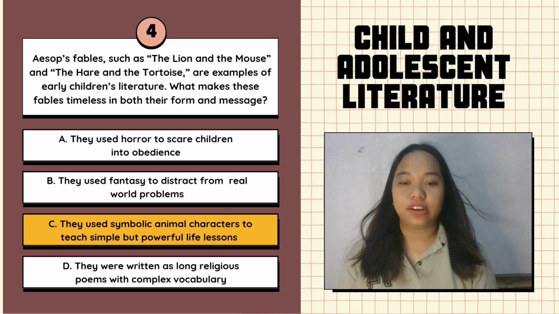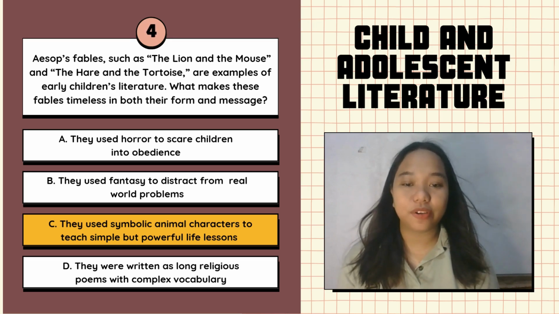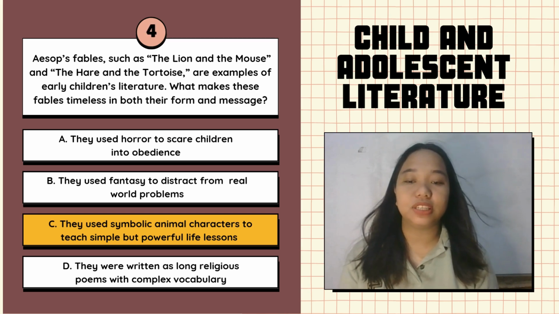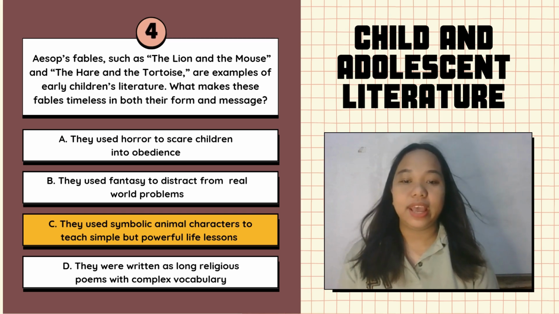So the choices: letter A is incorrect because these stories were not meant to frighten them, but to instruct gently. And letter B is also incorrect because fantasy was used to make lessons more understandable, not to escape reality. And letter D is also incorrect because Aesop's fables are brief and written in clear, direct language for accessibility.